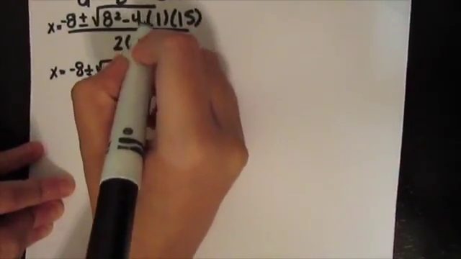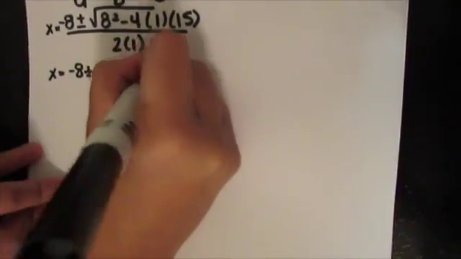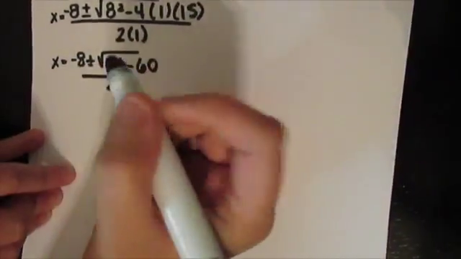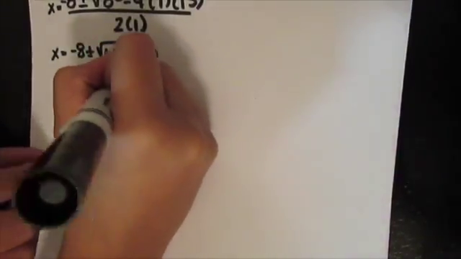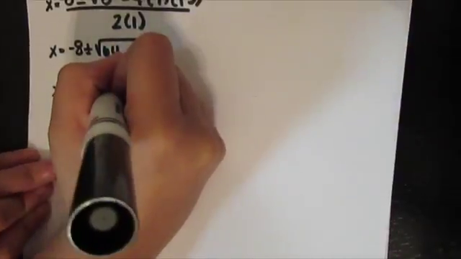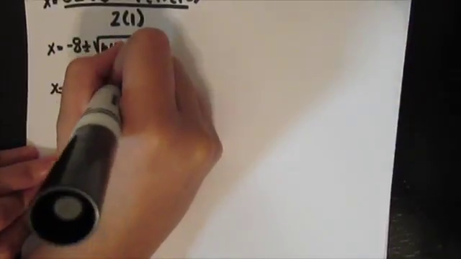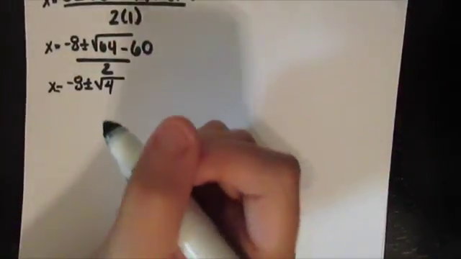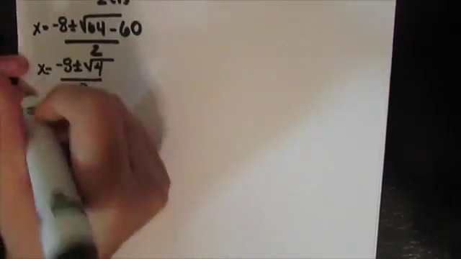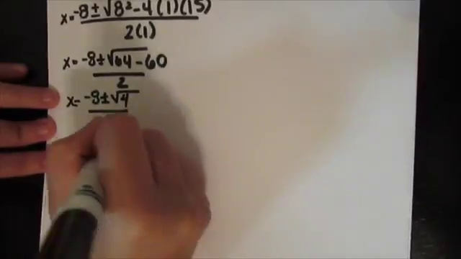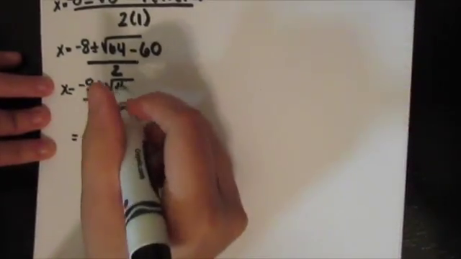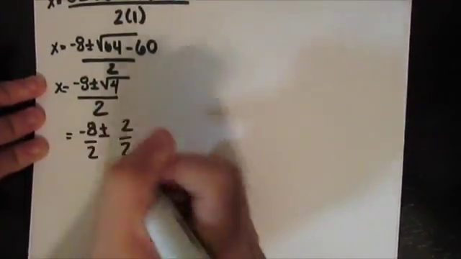minus 4 times 1 is 4, 4 times 15 is 60, minus 60, over 2. Then it would be -8 plus minus the square root of 4, and then over 2. The square root of 4 will be 2, so it'll be 2 over 2.